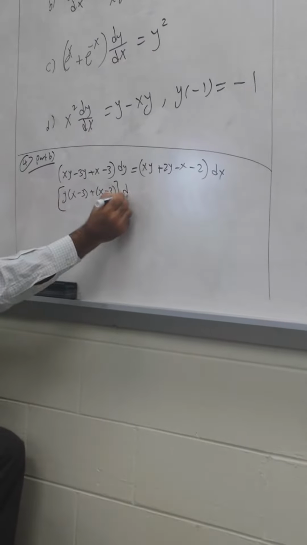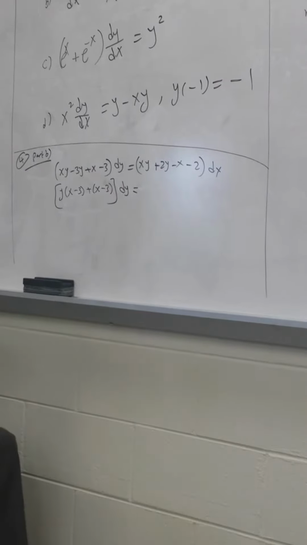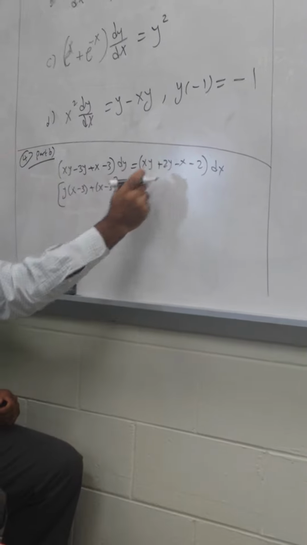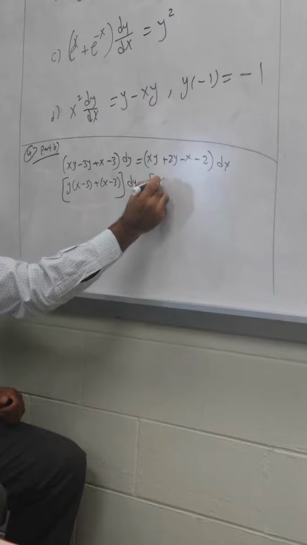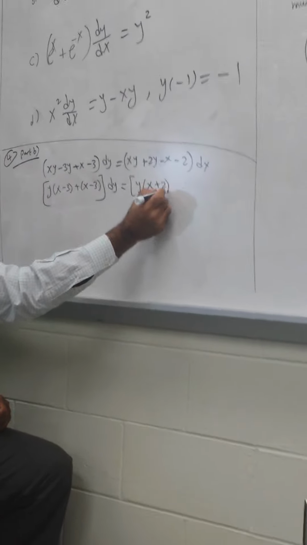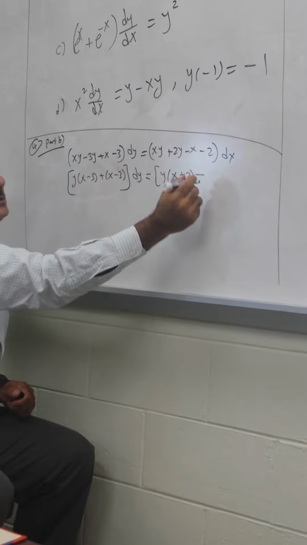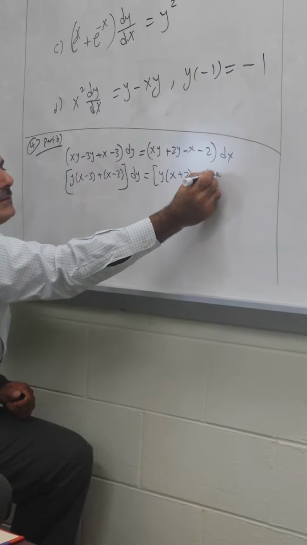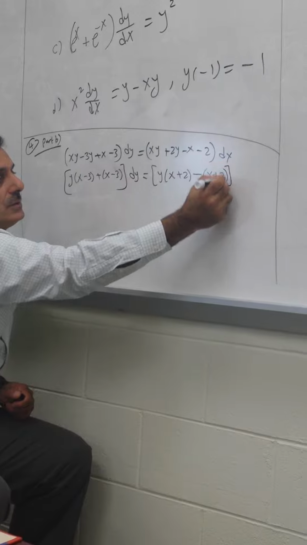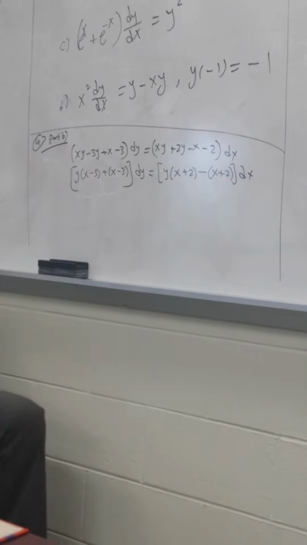Right? dy. And then I can see there's a y here I can take out. So there's a y and then x plus 2. And there's a negative 1 I can take out from the last two terms. So I get negative x plus 2 dx. Right?